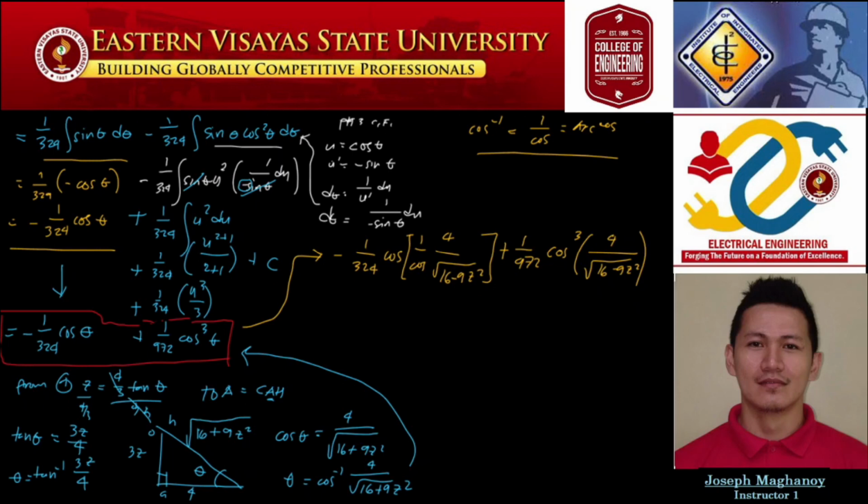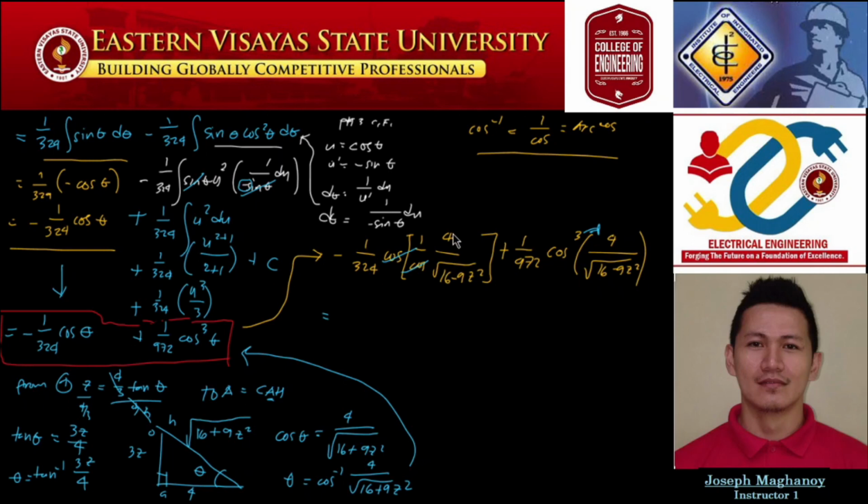Okay, so we need to cancel some common factors. We cancel out cosine, cosine. The remaining is this one. Here, we distribute the power inside the quantity. So our final answer: 1 over 324 times 4.